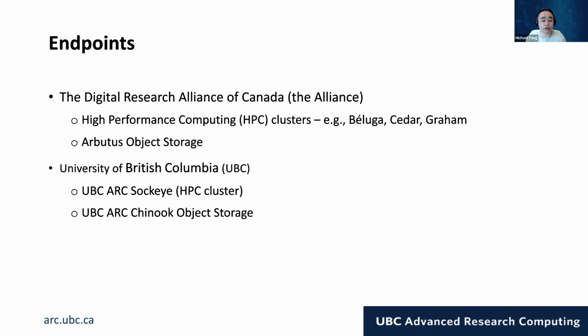Something to point out regarding identity is that you may be logging in with a different identity. With the Digital Research Alliance of Canada, you're likely logging in with your Alliance credentials or your CCDB account. With your university resources, you're likely logging in with your university account, but you can still do data transfer between the two because Globus has the capability of consolidating all your accounts into one.